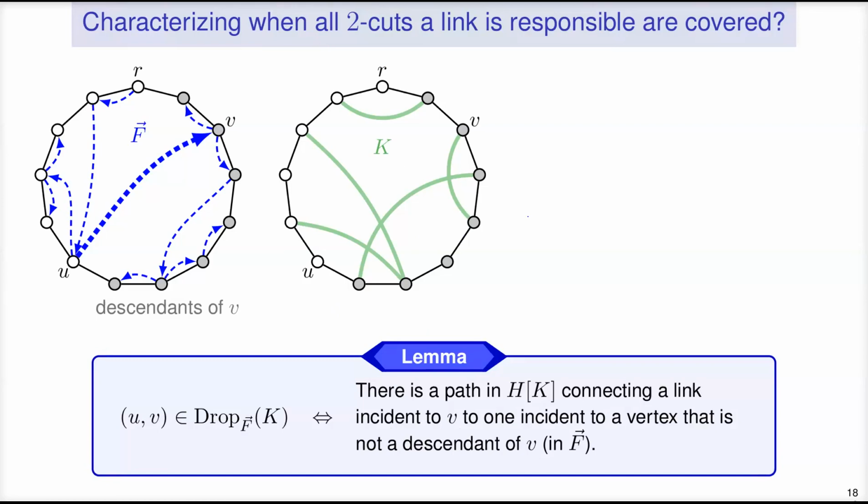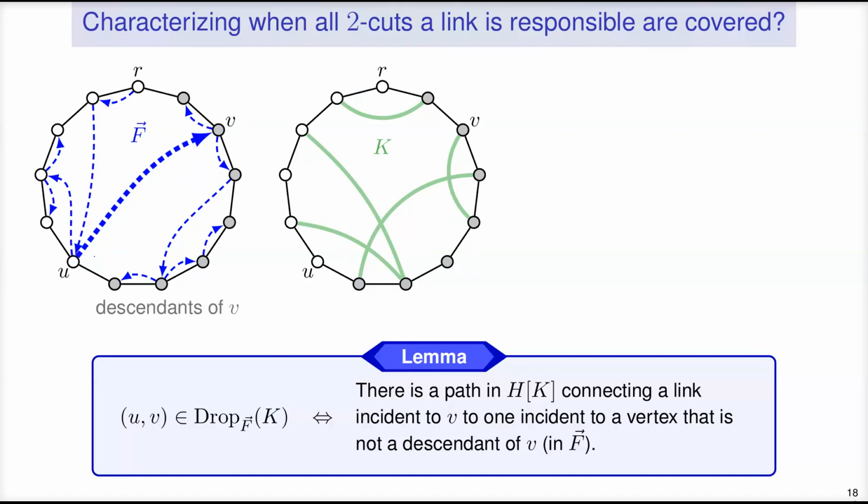Let's look at this bold link here from U to V. And assume we add those undirected links to our directed solution, which you have here on the left-hand side. I claim that if we add them, we can actually drop that directed link, and we can drop that link only if the following holds.